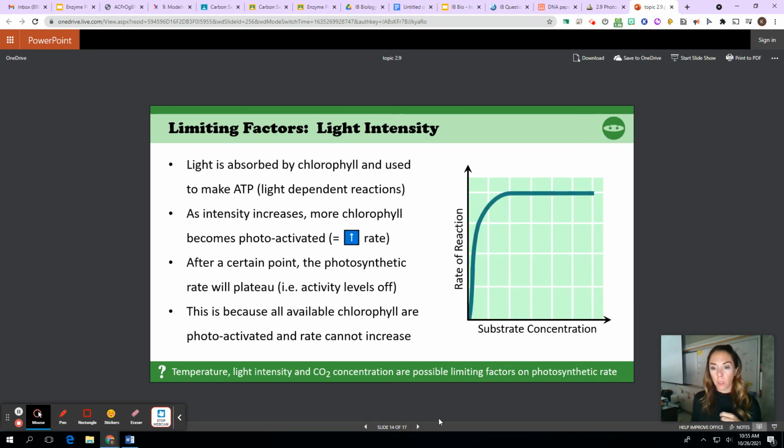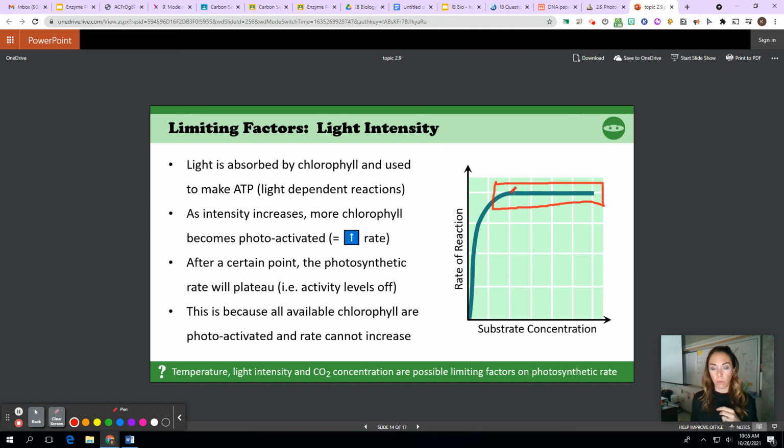All right. The other one is light intensity. This is, again, looking at the substrate concentration. So as I have more light, I'm going to reach a point right here where all of my chlorophyll, thylakoid membrane, are working. And whenever they all are working, it's not going to go past that point. Just like in enzymes, when all of those enzymes are working, this is the highest rate.